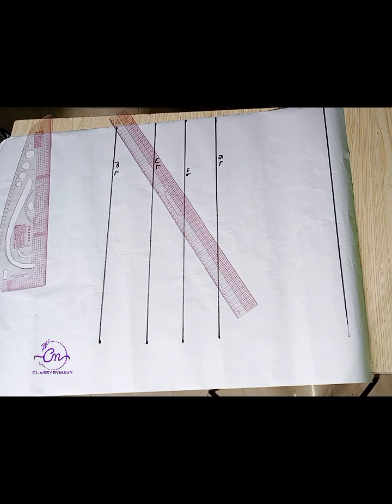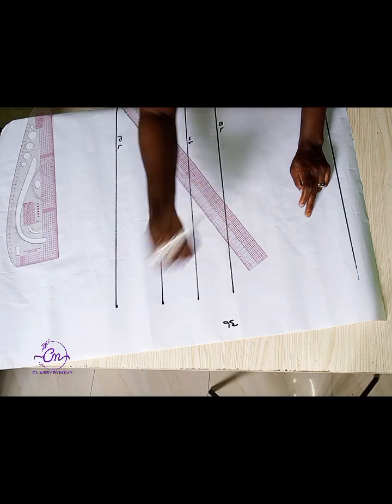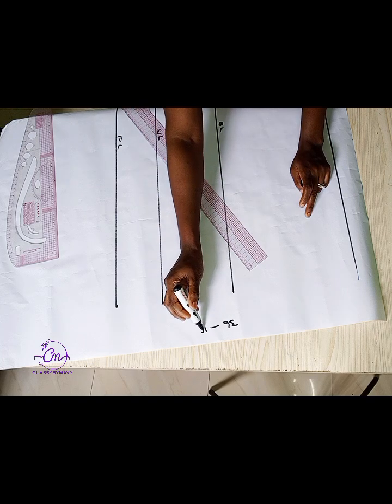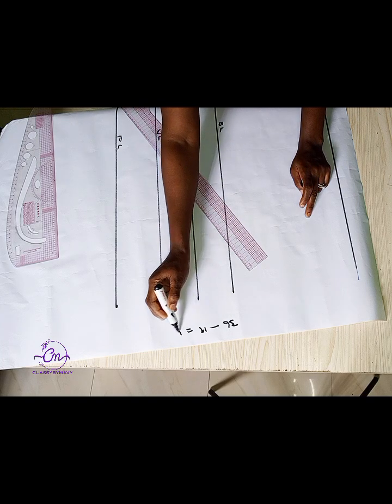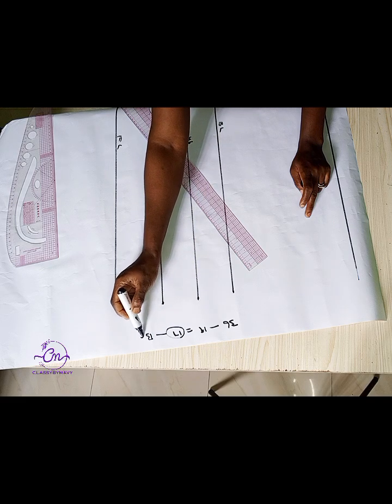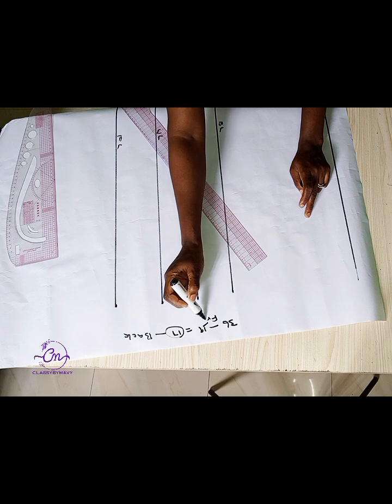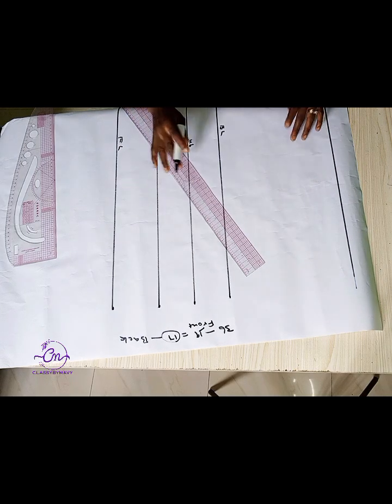For me, my bust circumference is 36 inches. So my across bust is 19. So 36 minus 19 is 17. That means the back will be 17, while the front is 19. That's how you distribute your bust measurements.